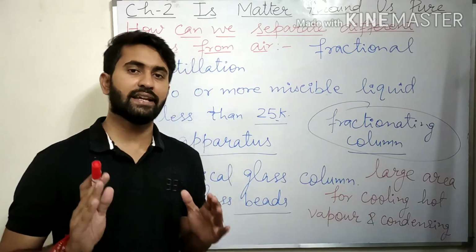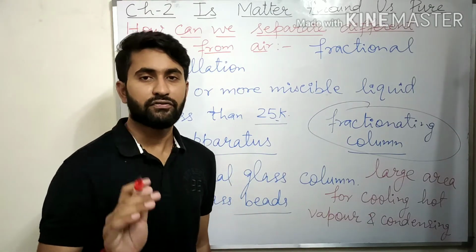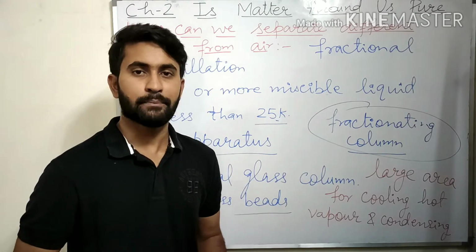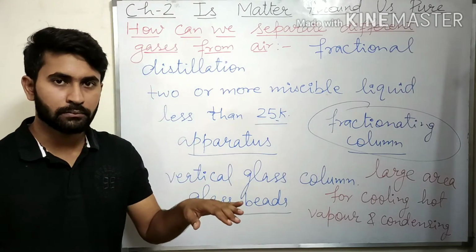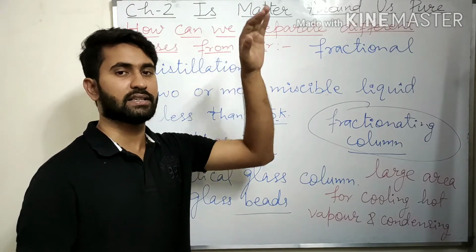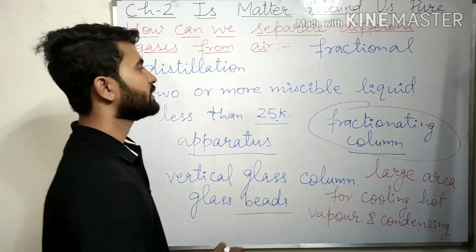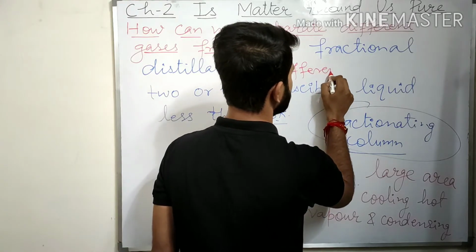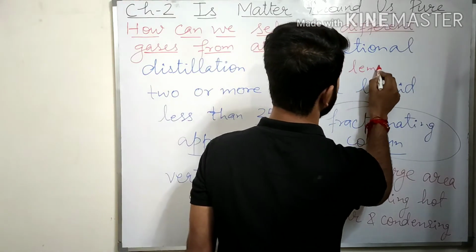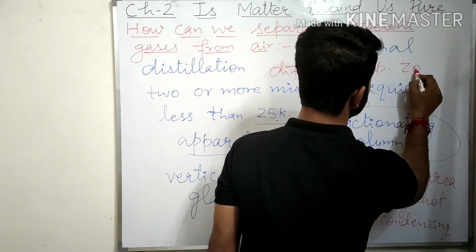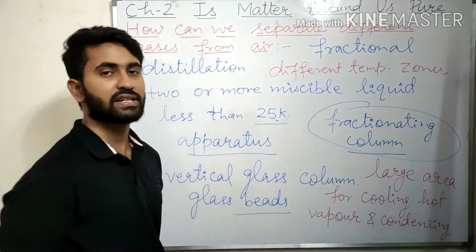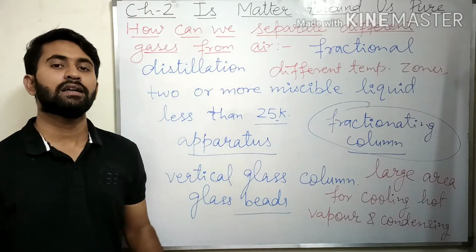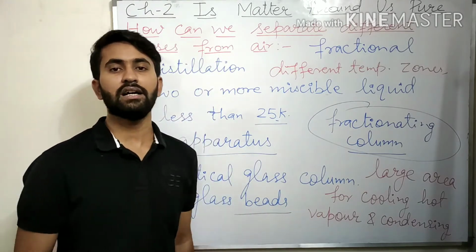The fractionating column has different temperature zones inside it. The highest temperature is at the bottom of the fractionating column and the lowest temperature is at the top.